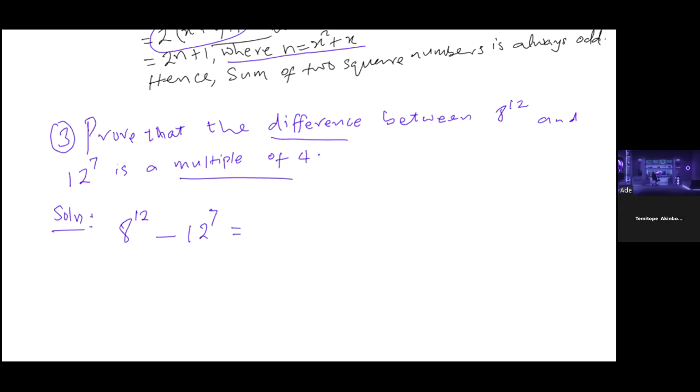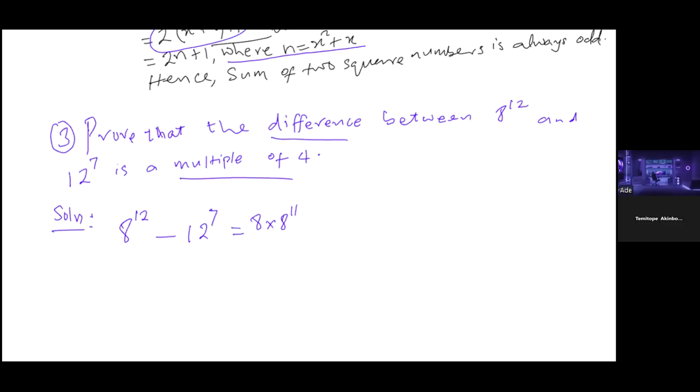I will break 8 raised to the power 12 into 2: 8 times 8 raised to the power 11. Remember, from the first law of indices, I can have 8 raised to the power 12 become 8 times 8 raised to the power 11. Do you agree with that?